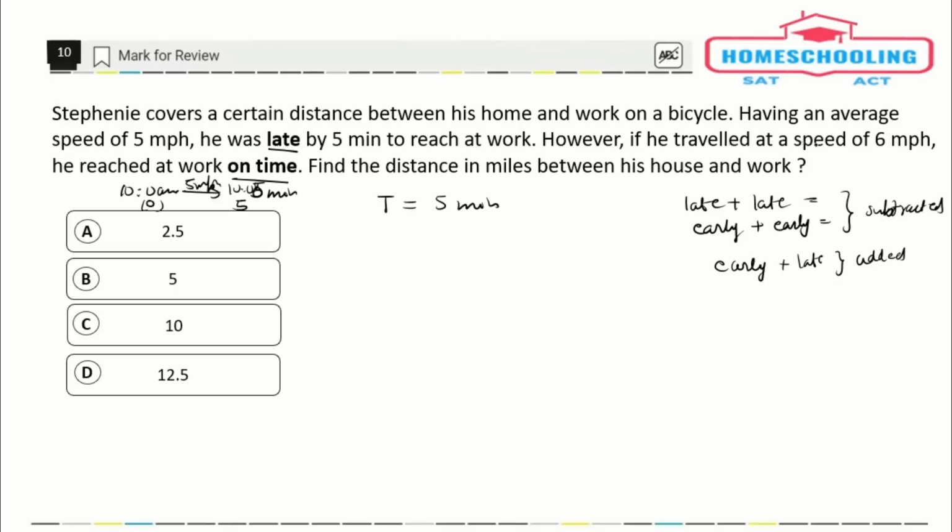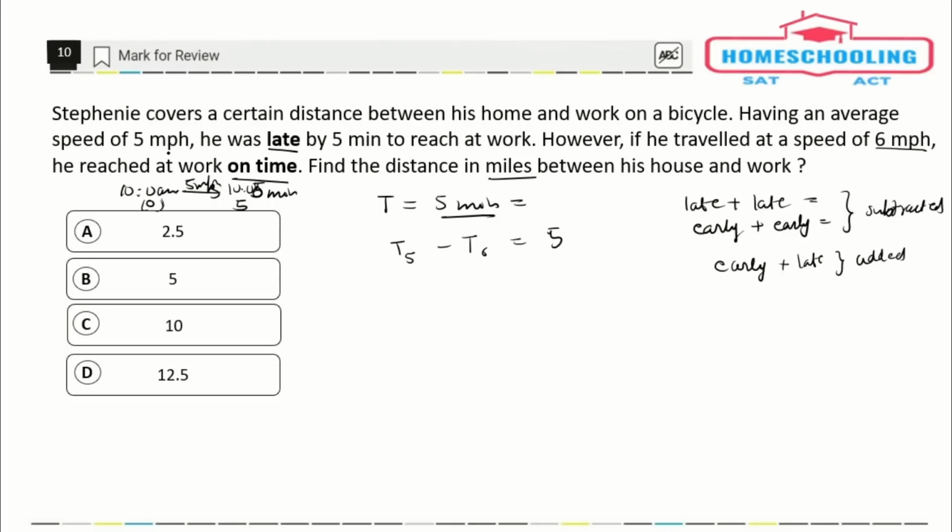However, if he traveled at a higher speed, because previously it was 5 miles per hour, at 6 miles per hour, he would have reached on time. So the time difference is nothing. So 5 minus 0 would be 5. So the time difference is, t at 5 miles minus t at 6 miles is equal to 5 minutes. And we have to find the distance in miles.